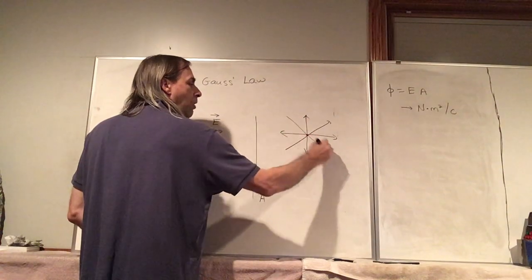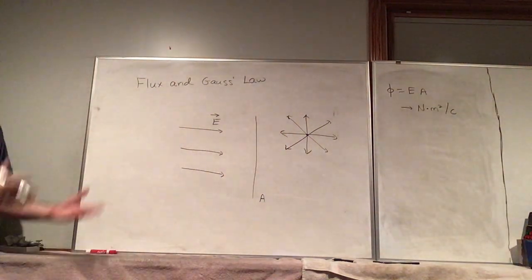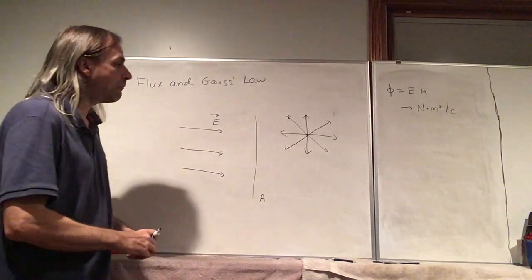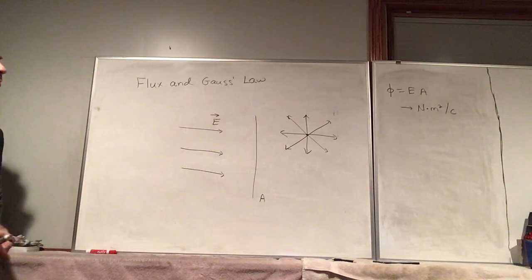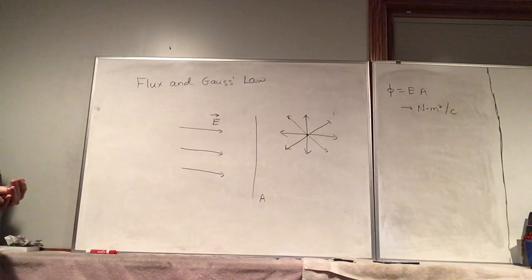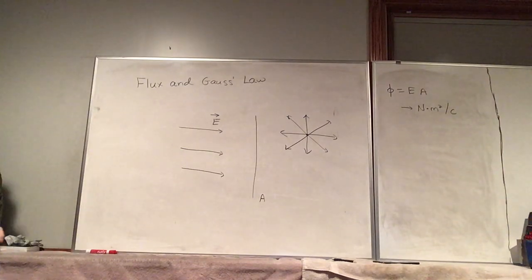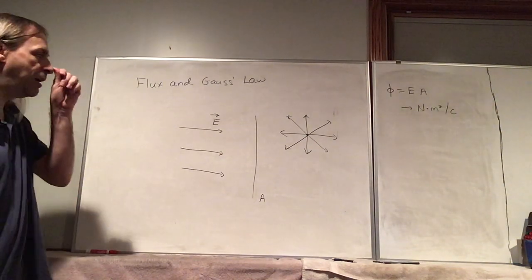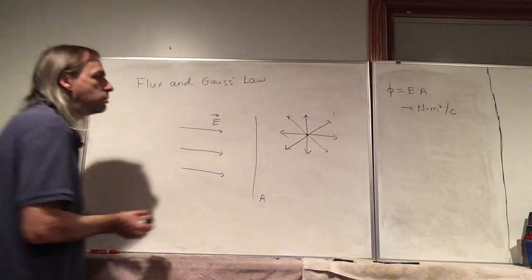I usually draw it with just 8 lines, but you can draw as many as you want. The idea of the number of lines associated with this electric field is very imprecise, but intuitively, that's what a measure of the electric flux is.